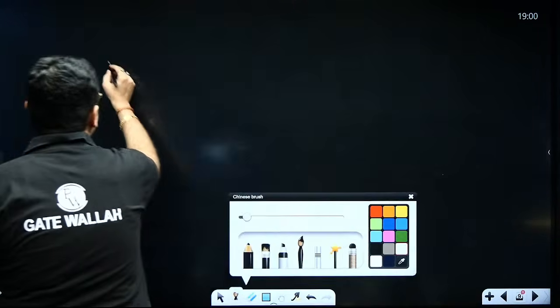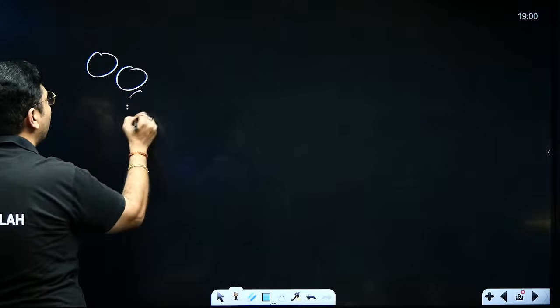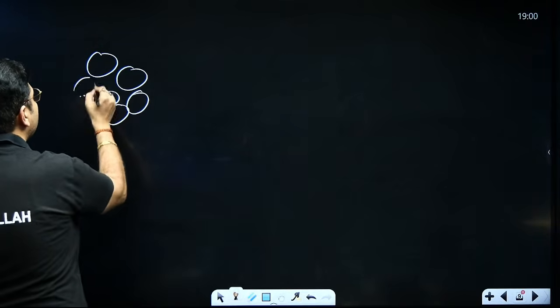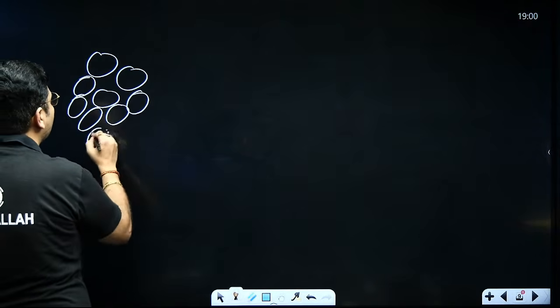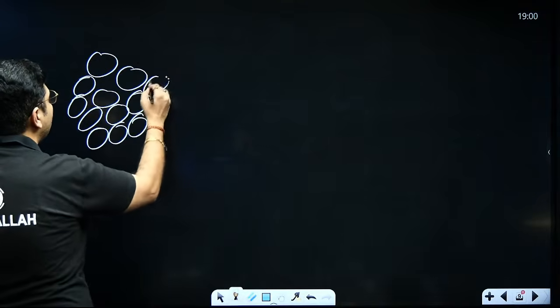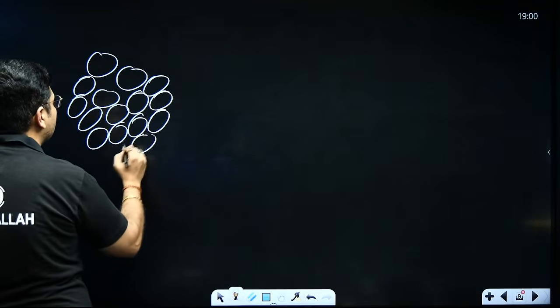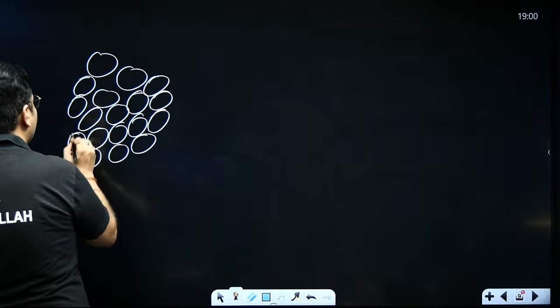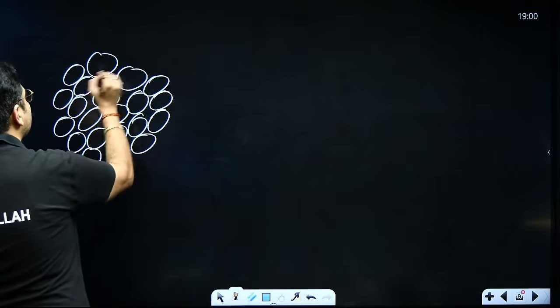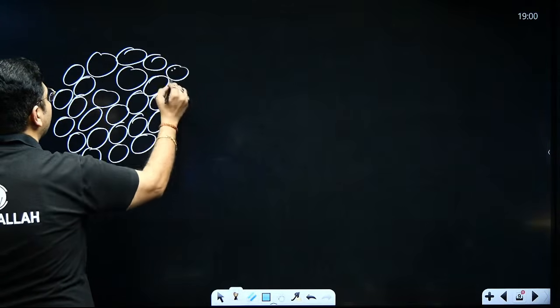Let's consider that we have a larger particle. This is a coarse grained soil. You can see that in the case of coarse grained soil, the individual void size is large.